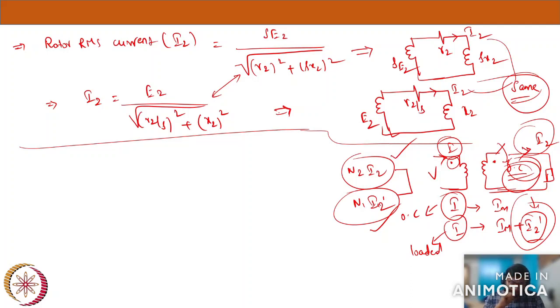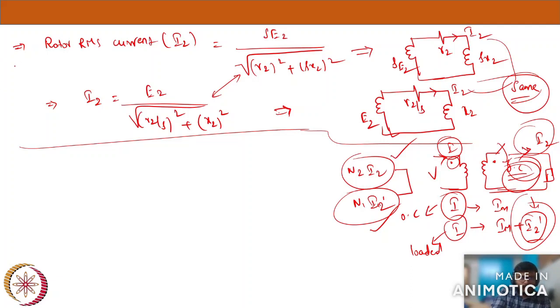Now, after this discussion, I want to summarize it in two points. If you have an unloaded secondary, that is, my secondary of the transformer is open circuited, you see the current drawn by the transformer primary is only magnetizing current. That's the first point.